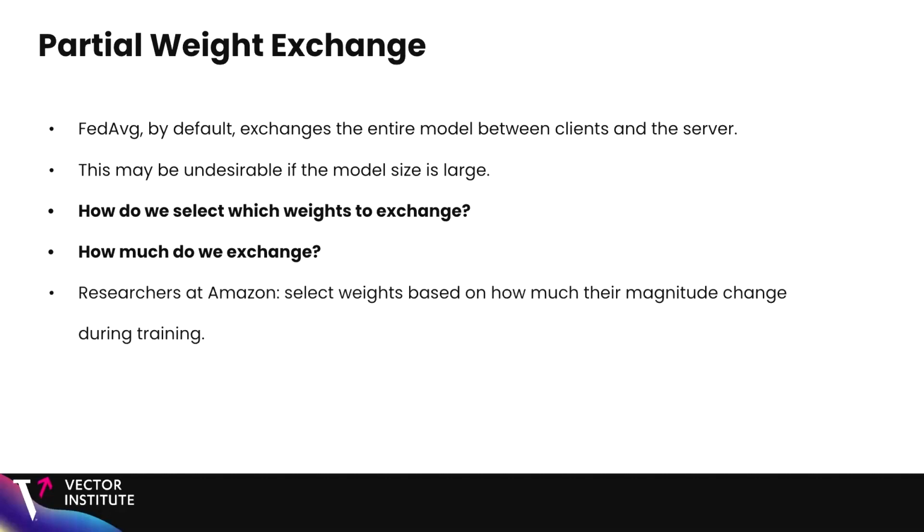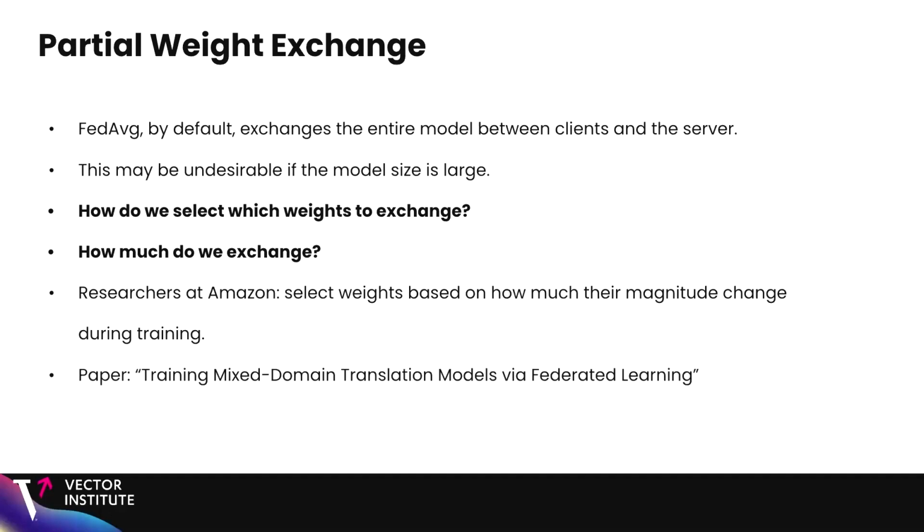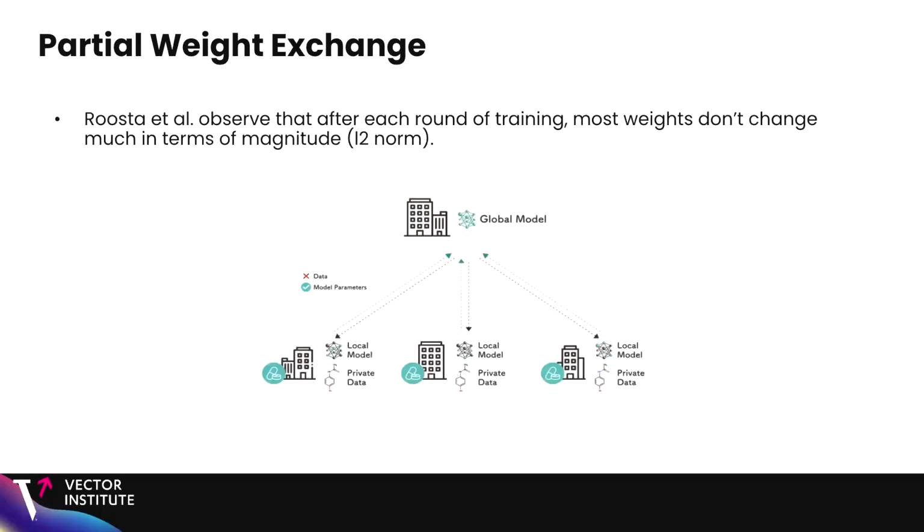Some researchers at Amazon proposed that we can select the weights based on how much their magnitude changes during training. I'll make this a bit more precise. This is the paper in which they proposed this idea.